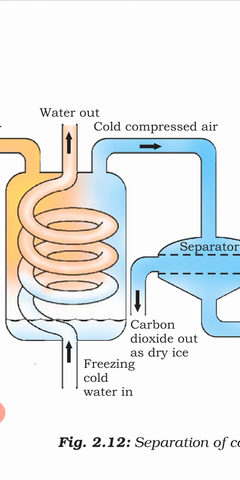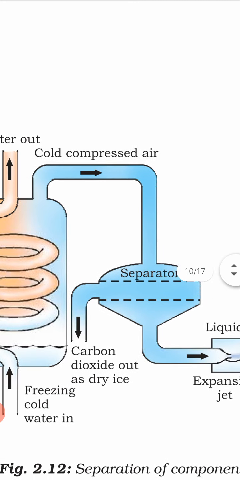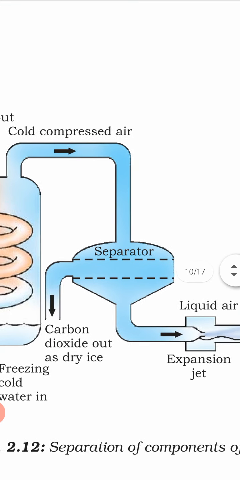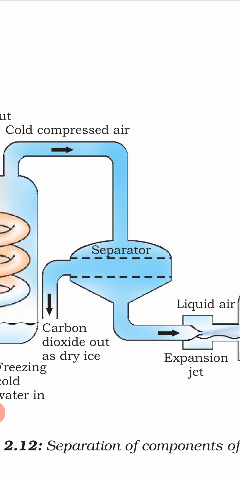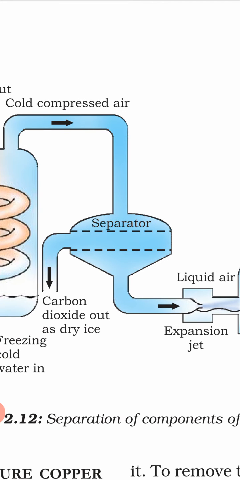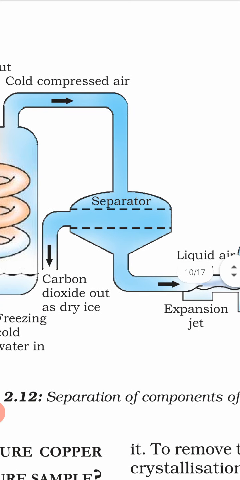This cold compressed air is taken to the next chamber, this blue colored part, which is a separator. Now the air is cold and compressed. Under this condition, the carbon dioxide present in the mixture will become dry ice, because carbon dioxide undergoes direct deposition.